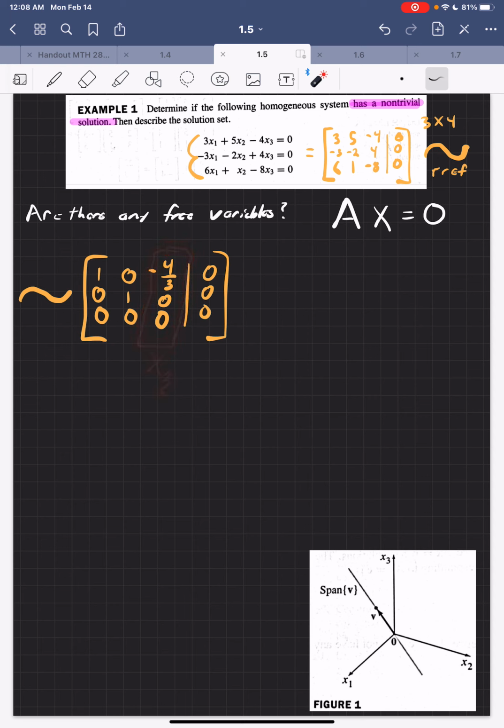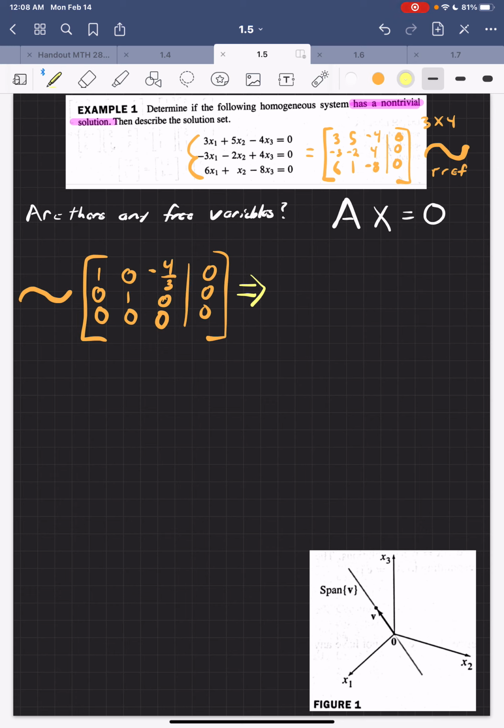So let us go ahead and write. We went from system to matrix just so our calculator could do the lifting. And now let's go from matrix back to system just so that we can interpret the system better.